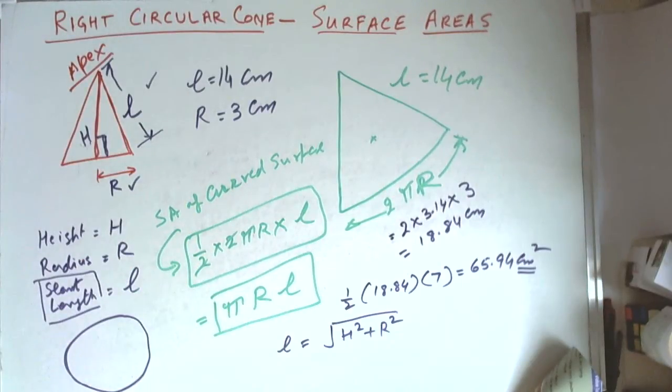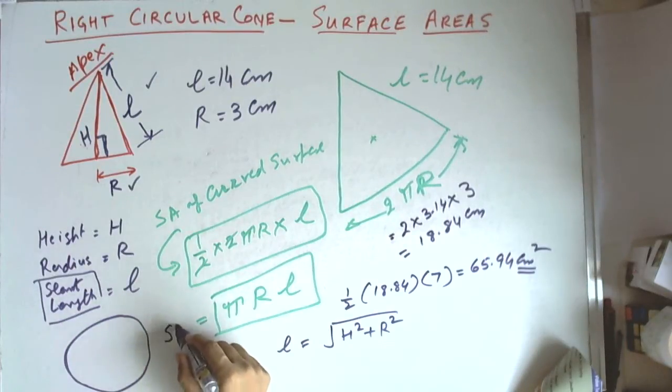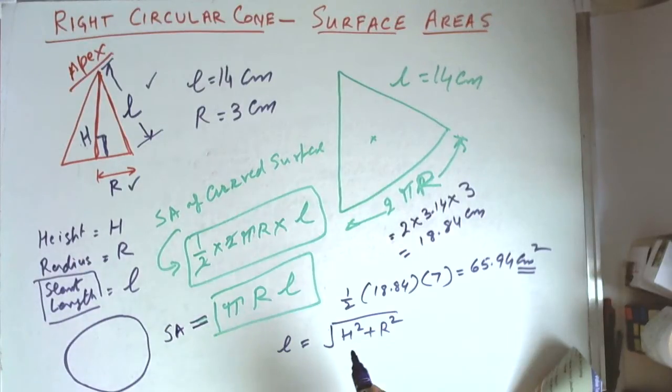That is why it is called a right circular cone. And the surface area of the curved surface is equal to pi r L, and we can always get the value of L by using the Pythagoras theorem in case the height is given.